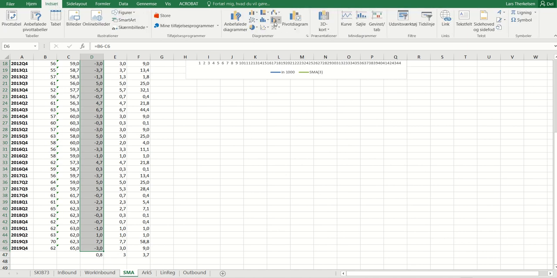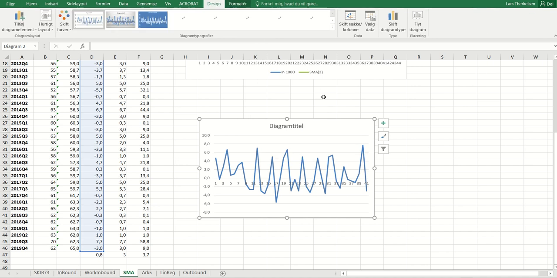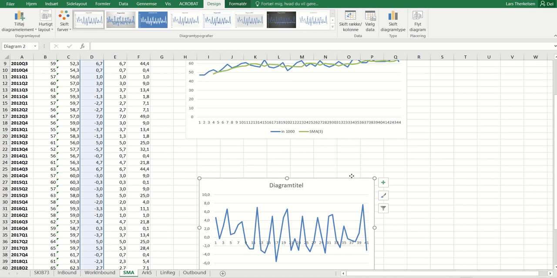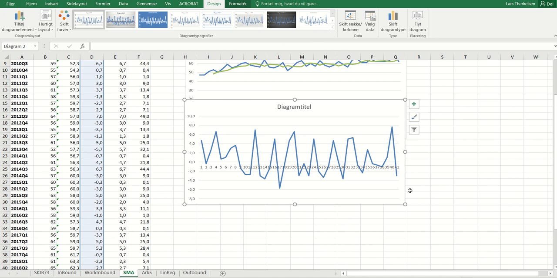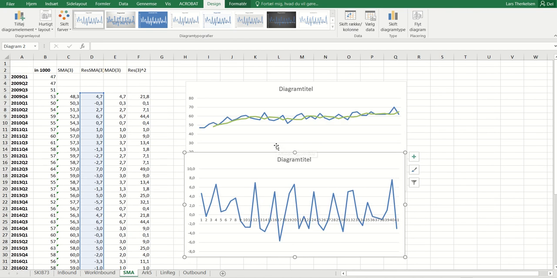Insert a line, and there we are. This is what it looks like. The variance seems okay. So it looks fine. Average and variance seem fairly straight. So moving average 3 is our chosen model here.